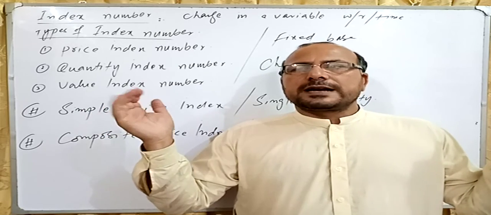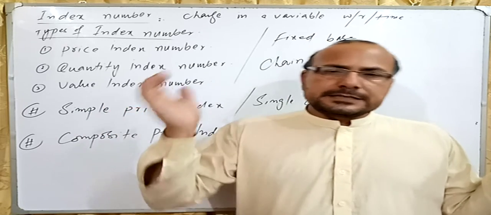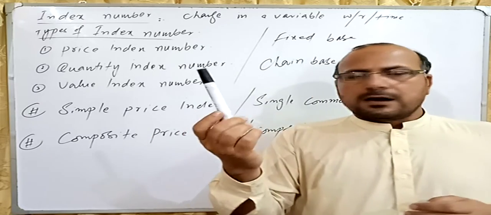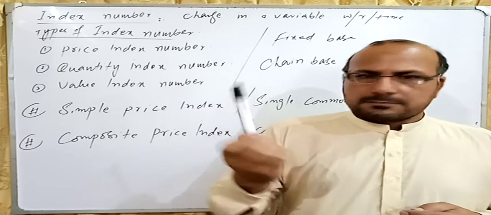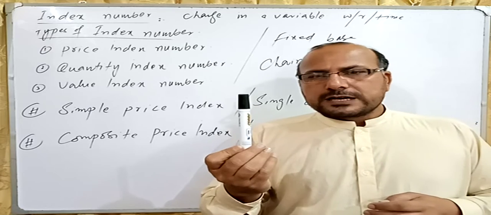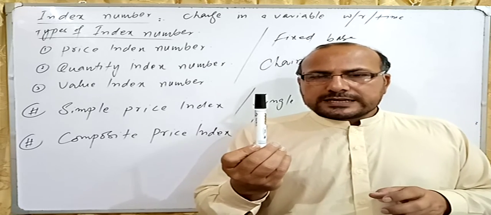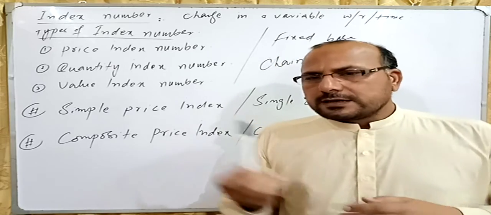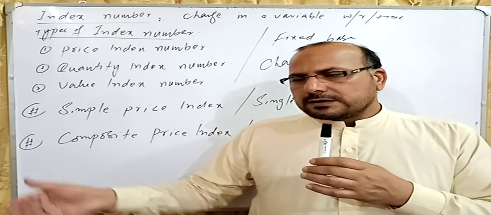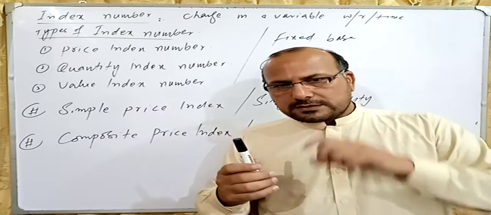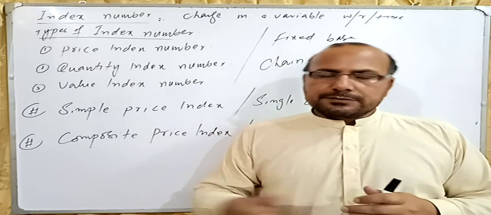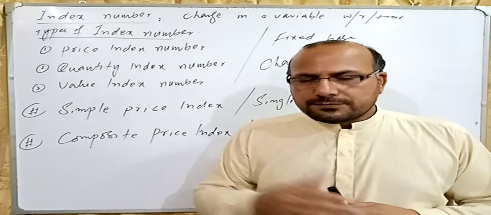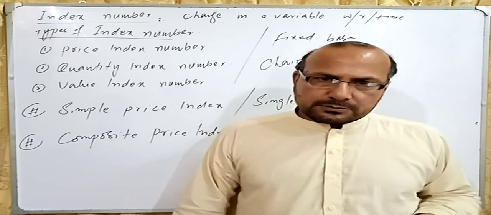For example, if we are finding the increase of prices of a single commodity, suppose we have a product like a marker, and we are trying to find out how much the prices have increased in the last 10 years, we will start the calculation from the last 10 years and find out how much the price has increased from this particular time to this particular time.